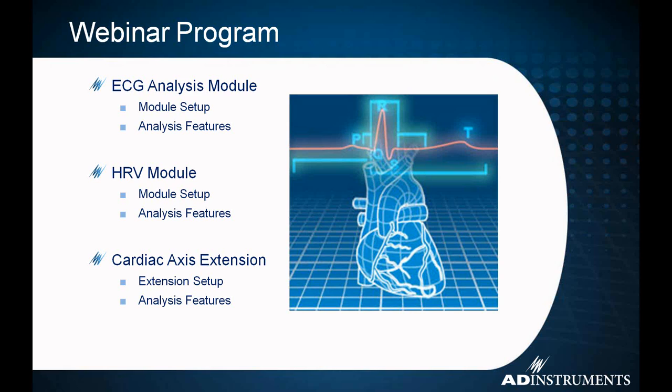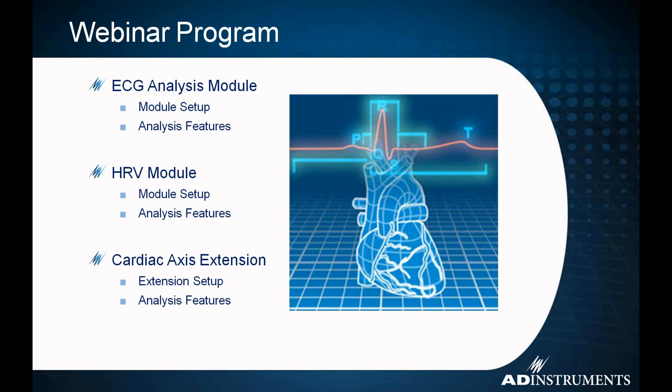So thankfully, that gets us through our opening little spiel, and we'll get into the meat of what we're going to talk about today. Today's webinar program is going to roughly follow this outline. First, we're going to talk about the ECG Analysis module, the module setup, and the different analysis features. Then we're going to move on to HRV. That will probably take up a good portion of the webinar. We'll talk about its module setup and the analysis features. There's a lot there.